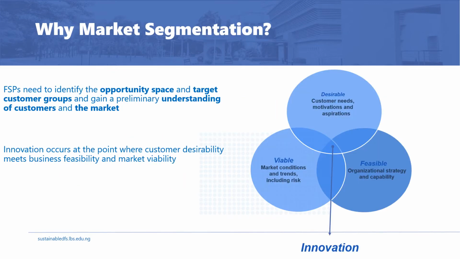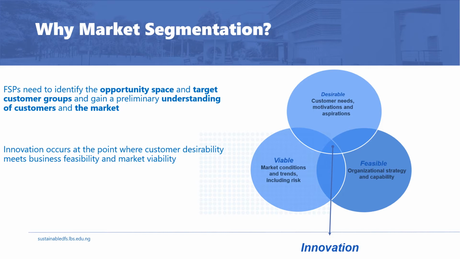Market segmentation helps financial service providers to develop innovative financial products and services. FSPs use market segmentation to identify the opportunity space and target customer groups and gain an initial understanding of customers and the markets. With market segmentation, FSPs develop desirable financial products. These are products that meet customers' needs, motivation, and aspirations.